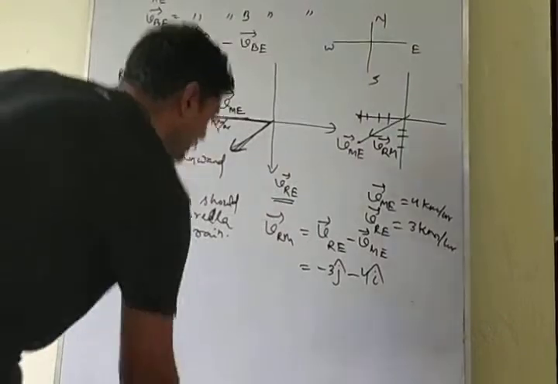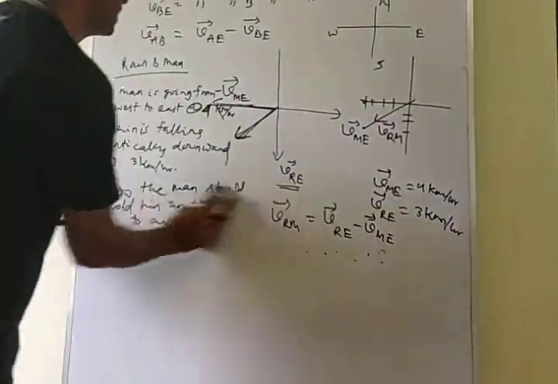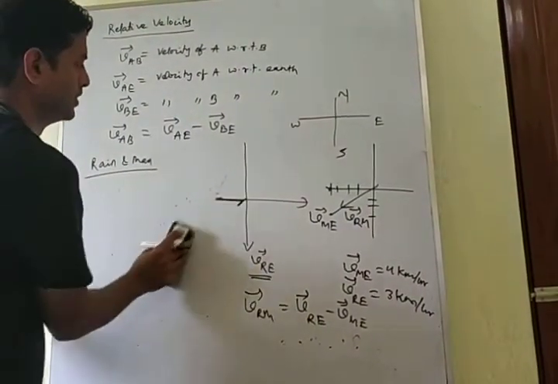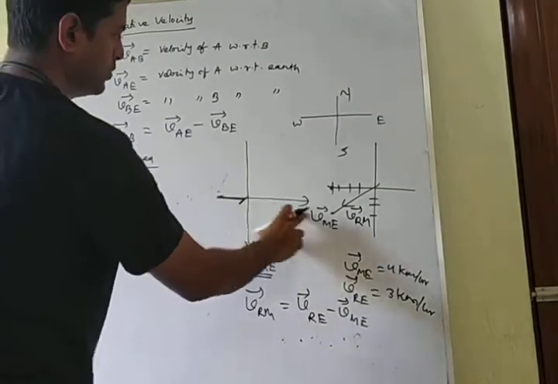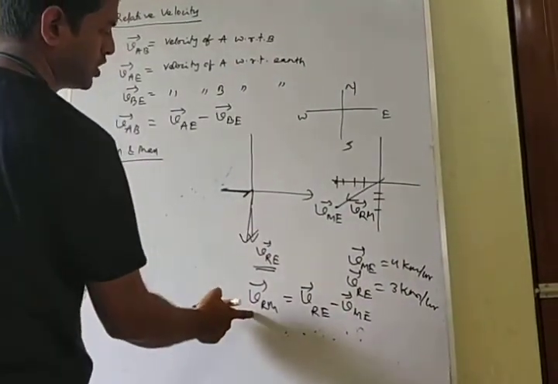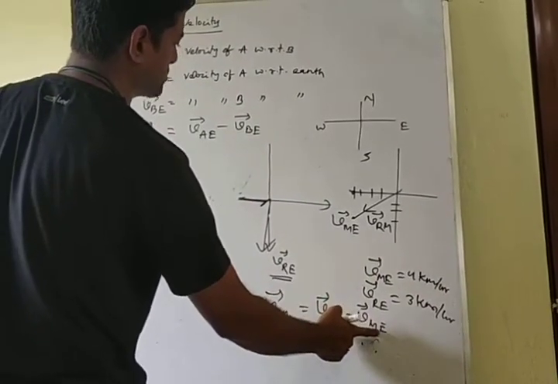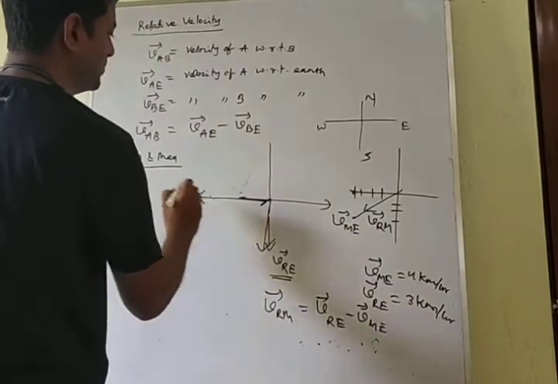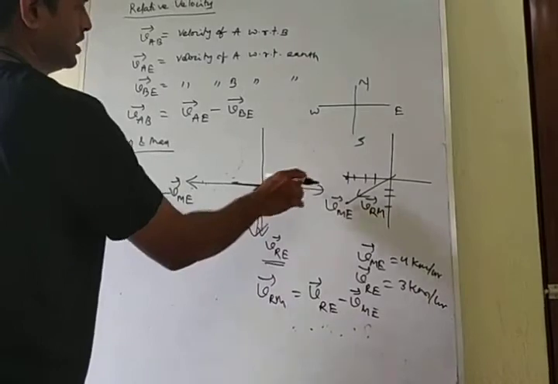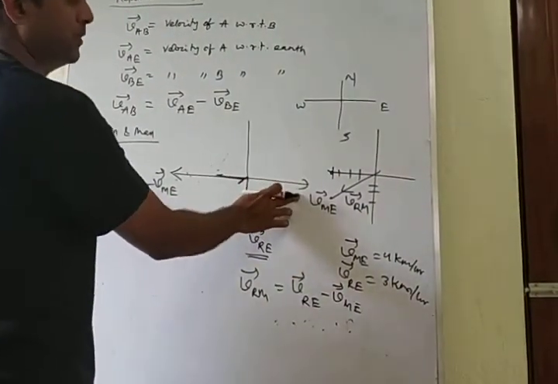But the simple technique, without doing these things, is that you can directly put the values here. Velocity of man with respect to earth is along this. Velocity of rain with respect to earth is this. So velocity of rain with respect to man is velocity of rain with respect to earth minus velocity of man with respect to earth. Minus velocity of man with respect to earth is the negative vector of velocity of man with respect to earth.